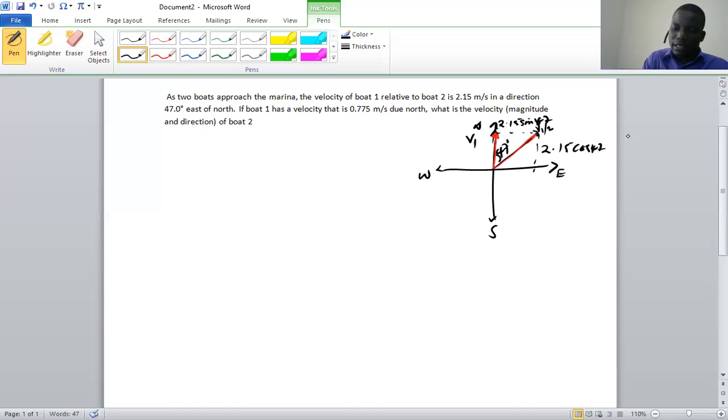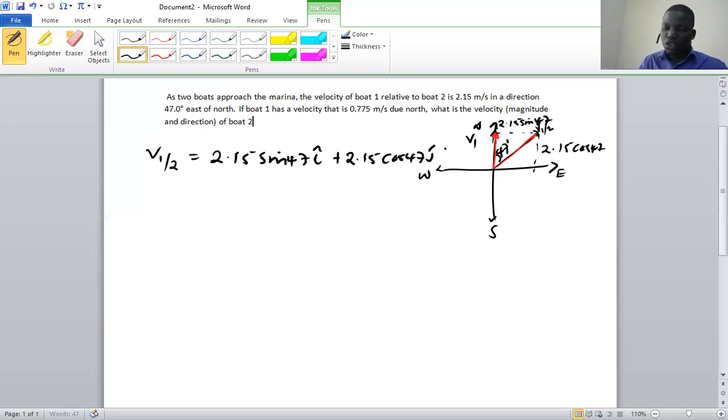So we can write V1/2 equals 2.15 sin 47 in the horizontal, with its unit direction i, plus 2.15 cos 47, this is the j.